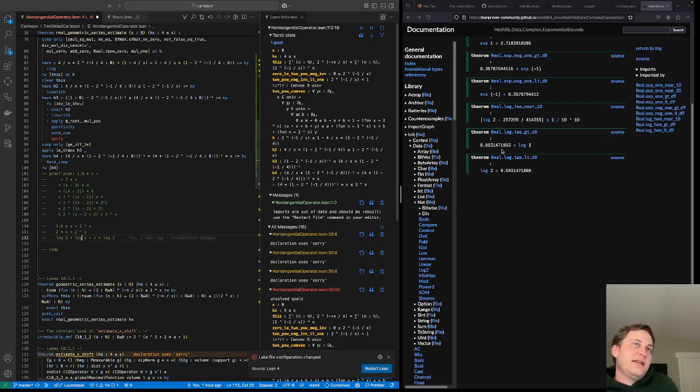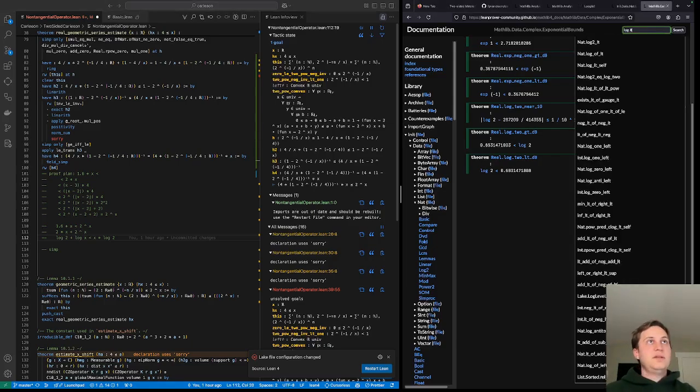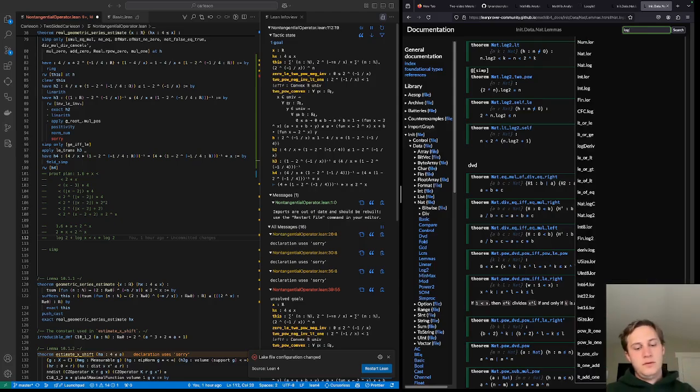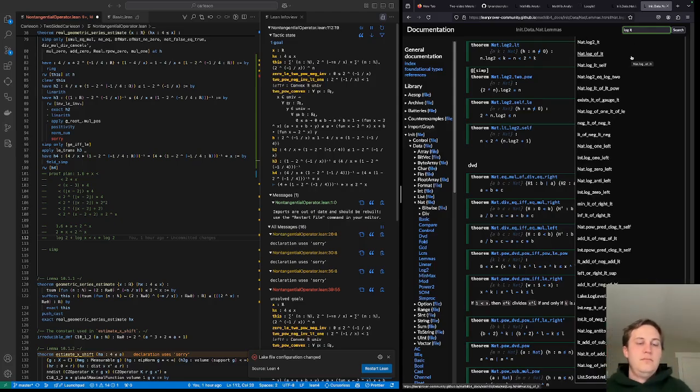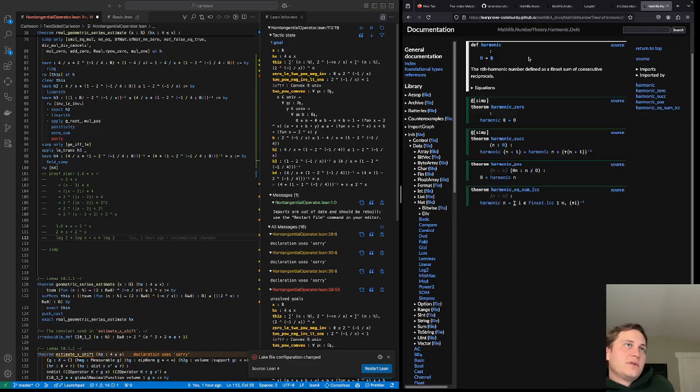I wonder if there's any reasoning about the point at which that log 2 holds, maybe that would give me something. Real dot log x, real dot log y, harmonic, sum of consecutive reciprocals. Doesn't feel right.